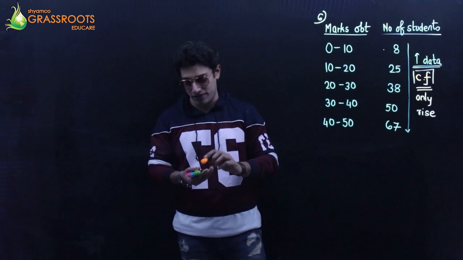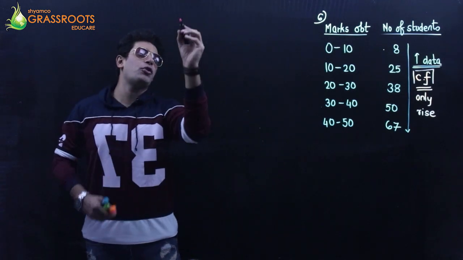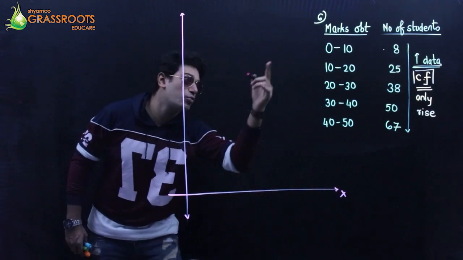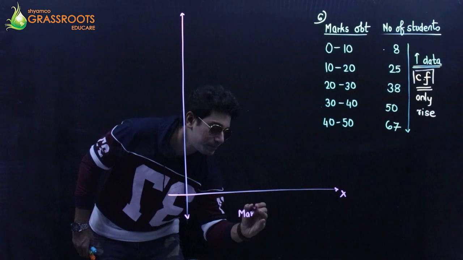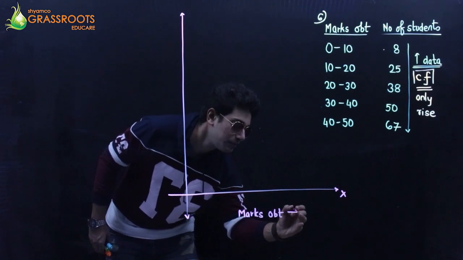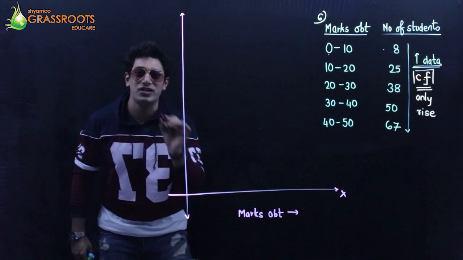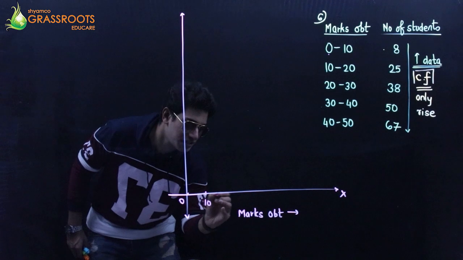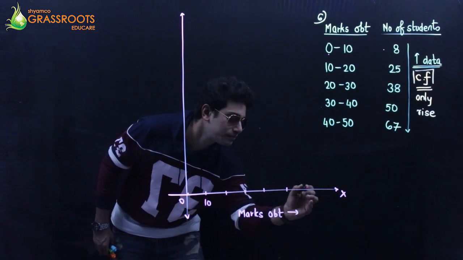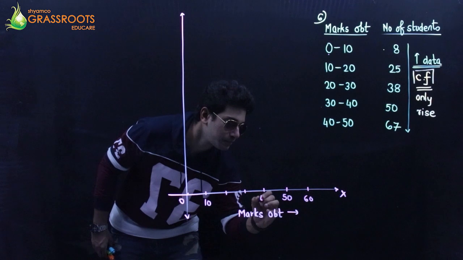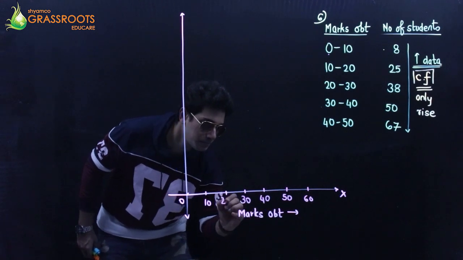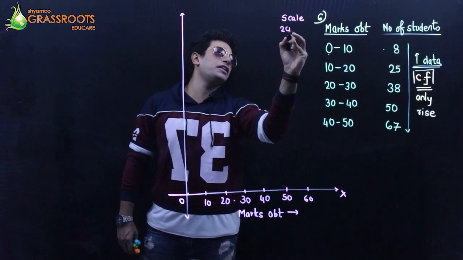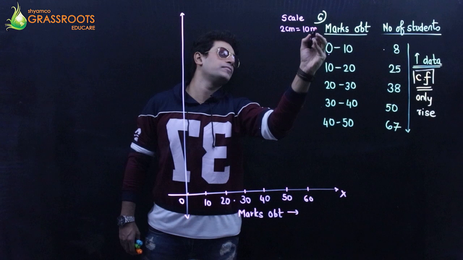Alright, so we have cumulative frequency. We have to draw an ogive. Very simple. In order to draw an ogive, on the x-axis we have marks obtained. It is starting from 0, so there is no need of that kink. So this is going to be 0. We can take 2 centimeter is 10 units. If you happen to write down the scale, 2 centimeter is equal to 10 marks.